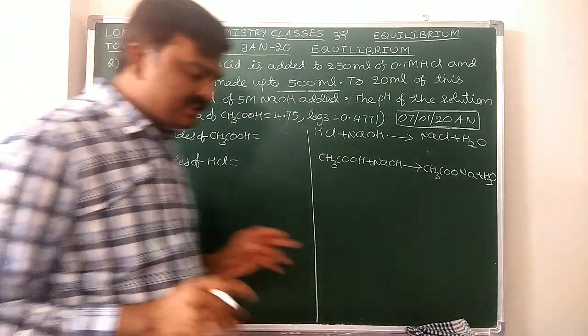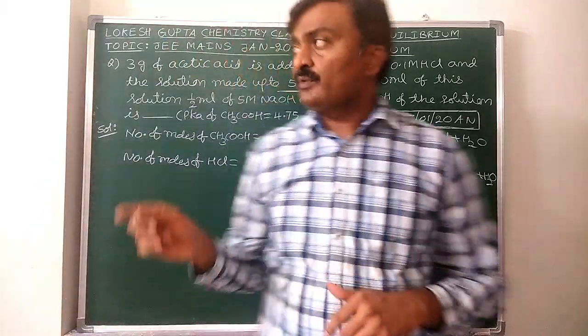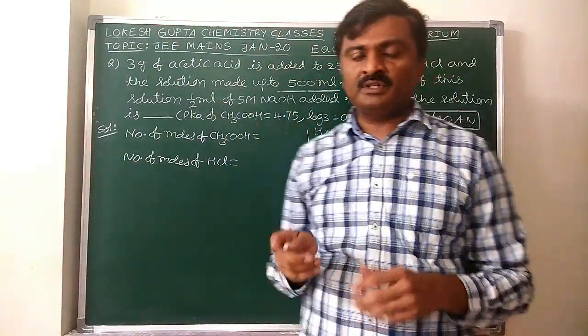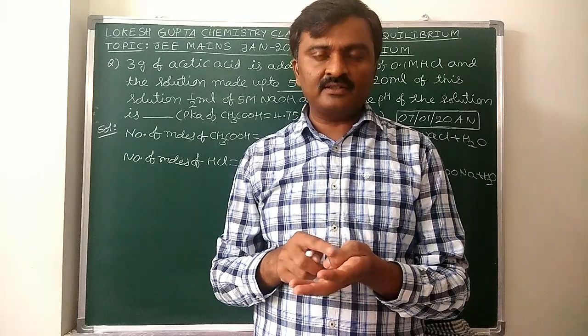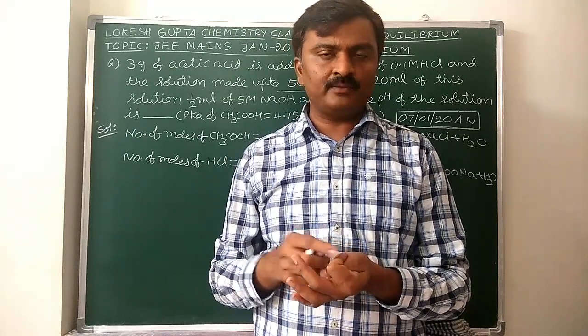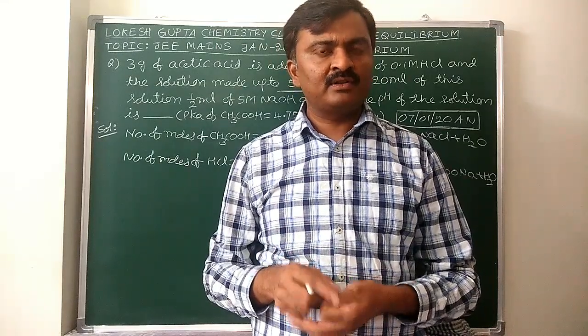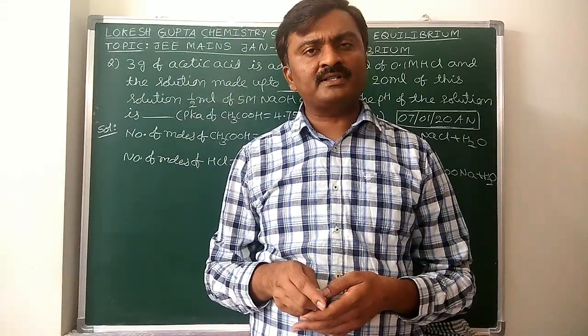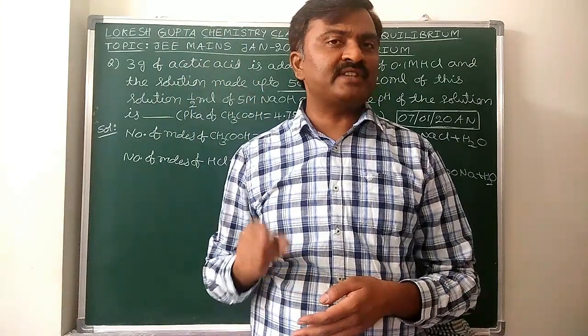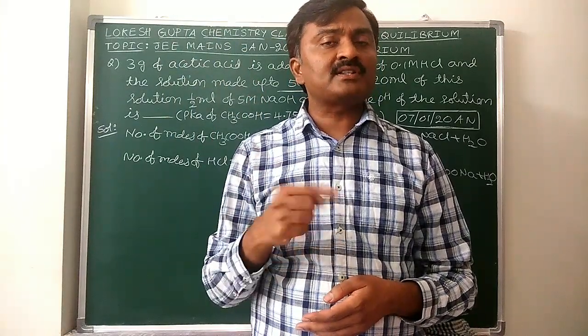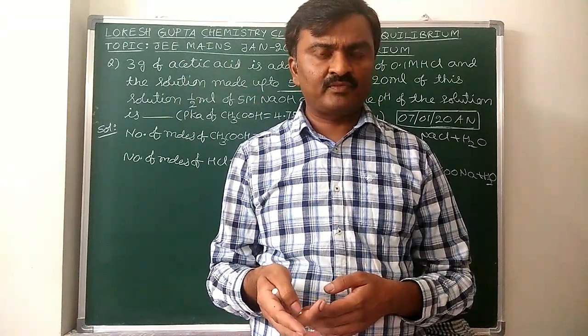That is the question. Here, what is the logic? First, it is a mixture of acetic acid, a weak acid, and HCl, a strong acid. To this mixture we are adding NaOH base. What happens? The NaOH base added will first react with the strong acid HCl.